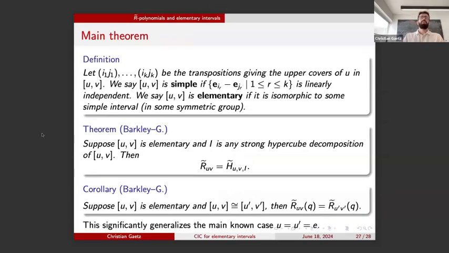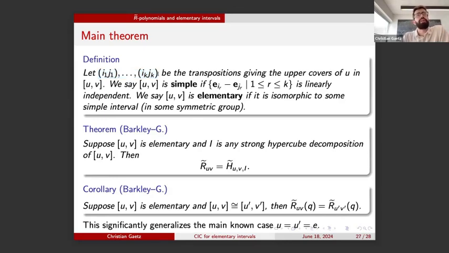All right, what's the theorem? So let me define a class of intervals. Whenever we have an interval, let's look at the cover relations above u, the things just above u in the order. Those correspond to applying some transpositions to u. Let me call those transpositions (i1, j1), (i2, j2), and so on.